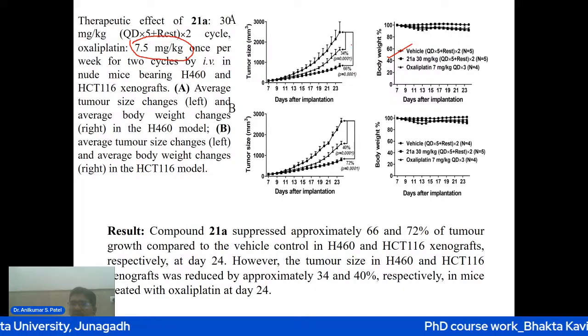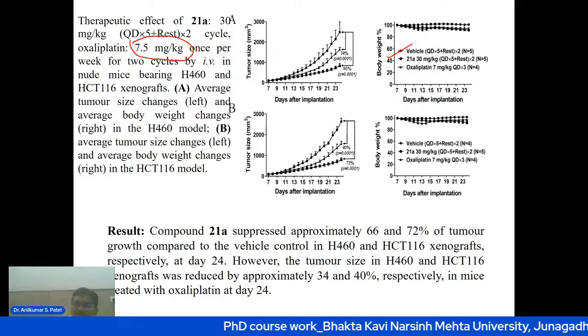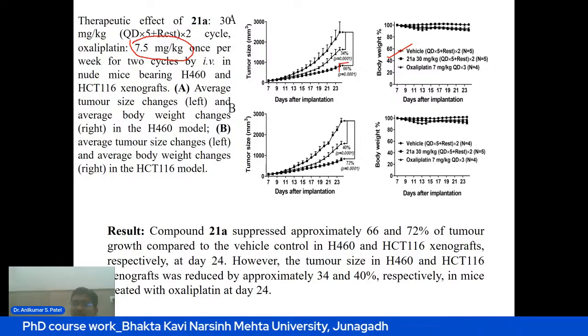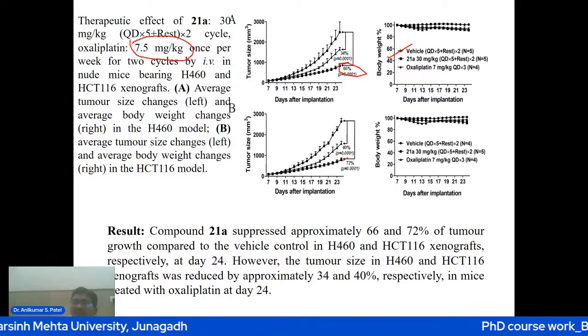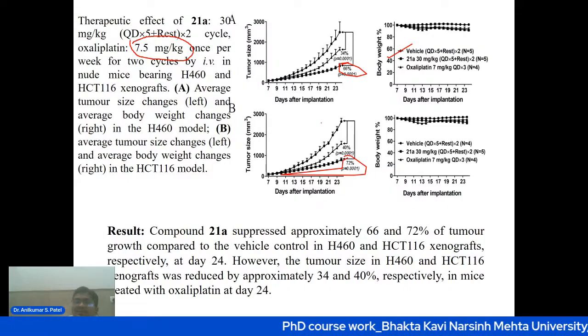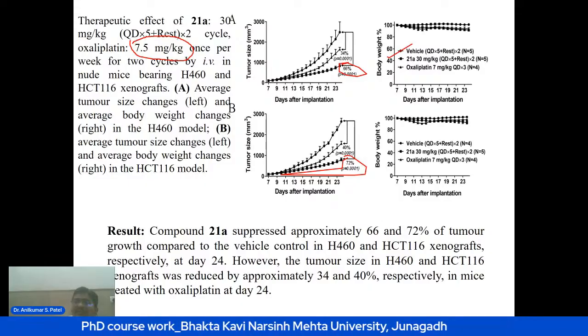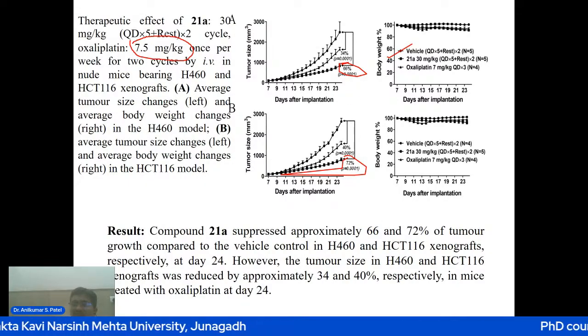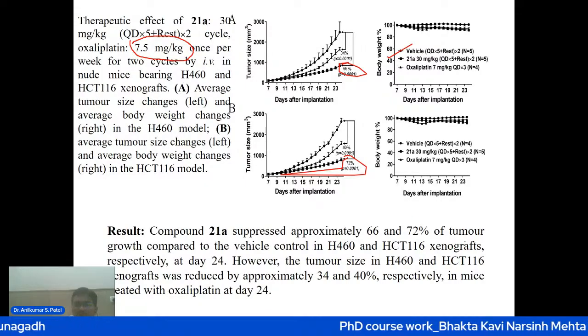We can see that compound 21A suppressed tumor growth by approximately 66 percent in the H460 xenograft mice model, as well as 72 percent in HCT116 xenografts.